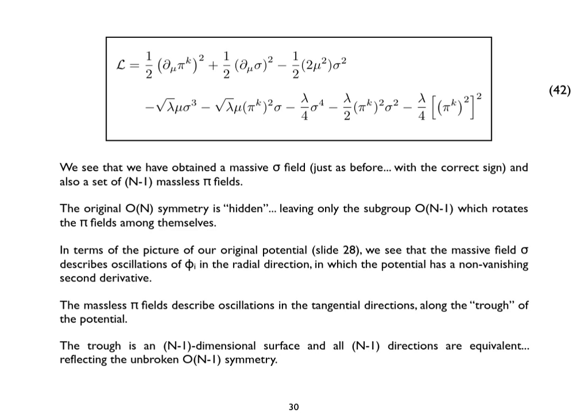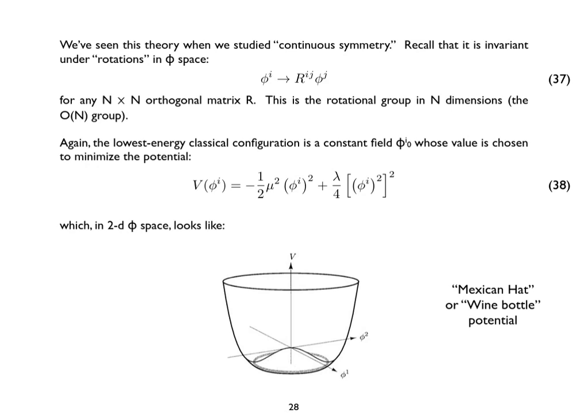That's because, when we go back to this picture, we chose the radial direction to shift the field. So we've broken the radial symmetry, but the azimuthal symmetry, if you will, is preserved.